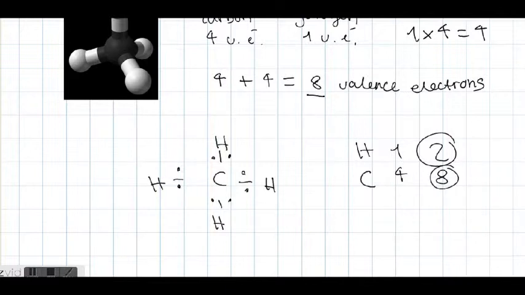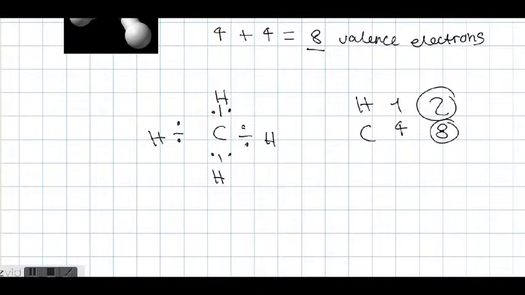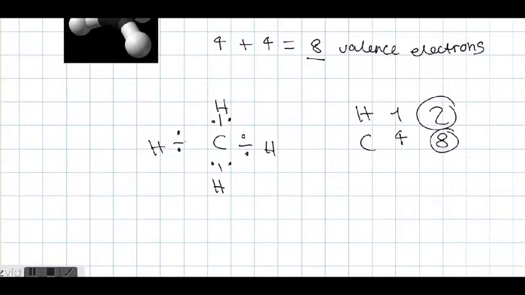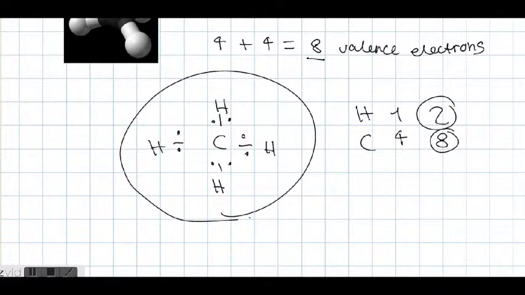That would make carbon very happy. Now, we have to count if we have 8 valence electrons, which we do in this case, and we can see in this diagram that each hydrogen atom has 2 valence electrons now that it shared them with the carbon, and carbon has 8 in total. So this Lewis dot structure diagram is complete.